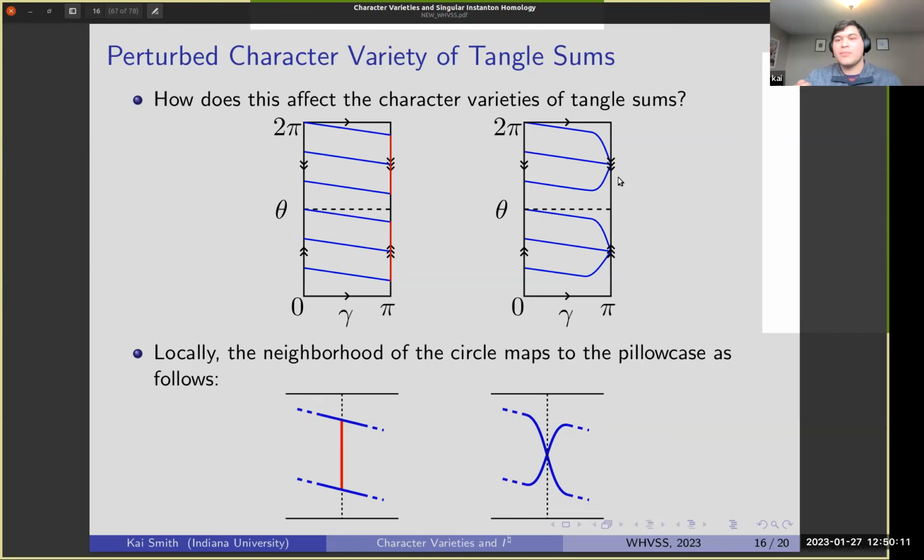But if I take my perturbation and scale it down close to 0, this is going to limit to this straight line, piecewise linear picture, but with things still connected the right way, where this is connected and this piece is connected. And there's no longer the circle with singularities. So it'll generate that piecewise linear picture of the character variety in the pillowcase.